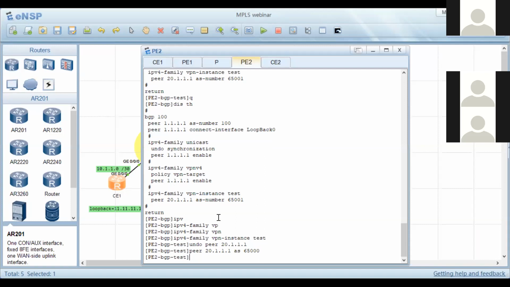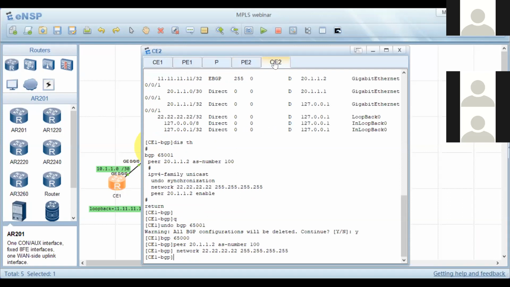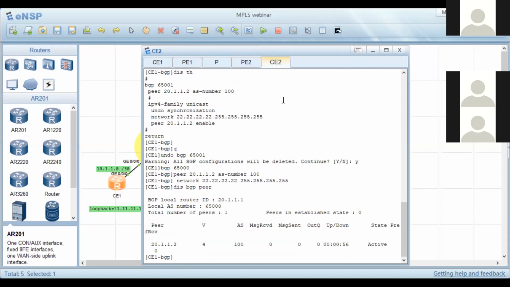This only is going to be changed like this. Nothing else is going to be changed, only the AS number on the PE router and the CE router, and we will display the BGP peer. It's connecting.